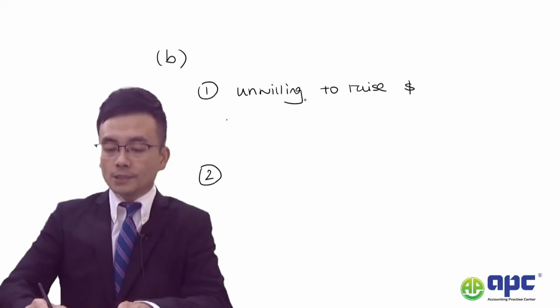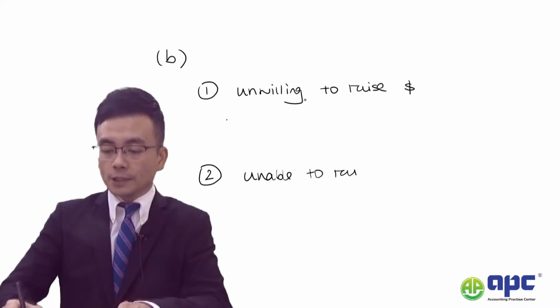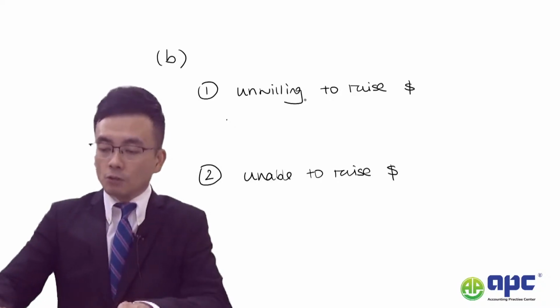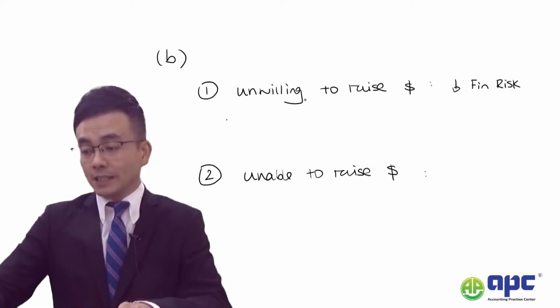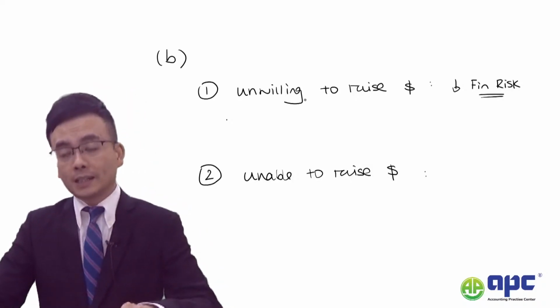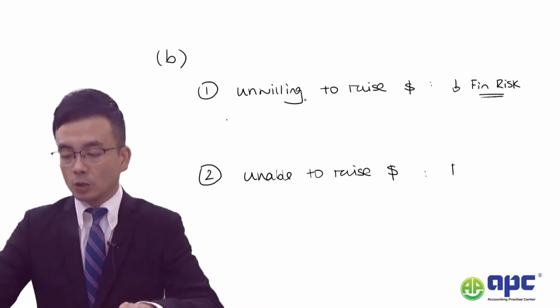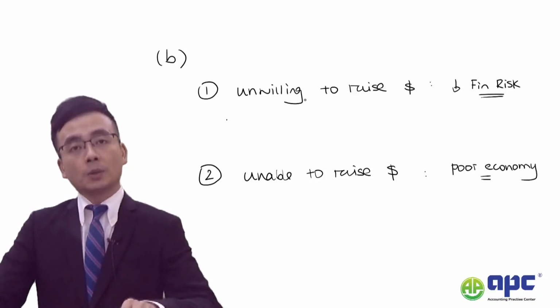Second is that you're unable to raise finance. Now, if you're unwilling to raise finance, for example, you'd like to decrease your financial risks, and that's why you're unwilling to take on additional debt. Unable, on the other hand, for example, is the poor economy, and that's why you cannot obtain debt finance or you cannot go listed.